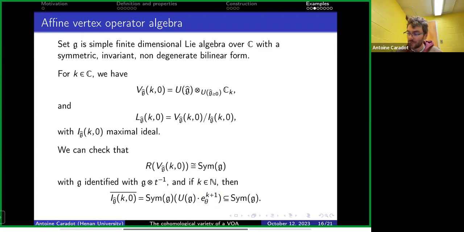So this works only if k is 0 or a strictly positive integer, so a natural number. And here also theta is going to be the highest root of G, because it's finite dimensional, so you have a maximal root.